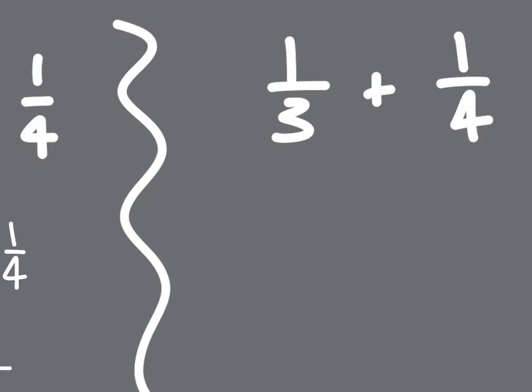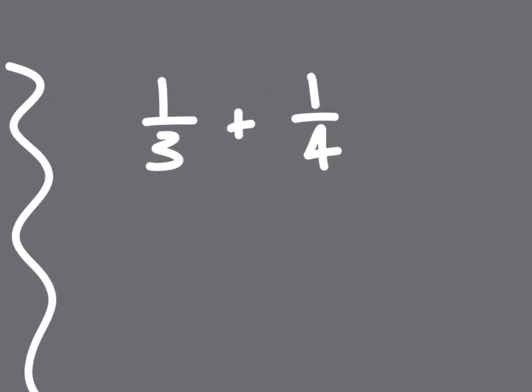Now over here, I've got 1/3 plus 1/4. When I look at something like this, I realize that I have a 3 and a 4. I can't multiply 3 by anything to give me 4. So what I want to do then is simply multiply by the opposite denominator. If I'm taking this fraction, I want to multiply the top and bottom by my opposite denominator, which is 4. So I'm going to multiply by 4 over 4.